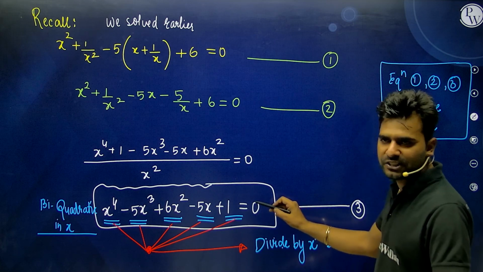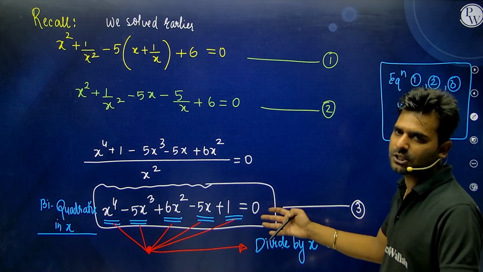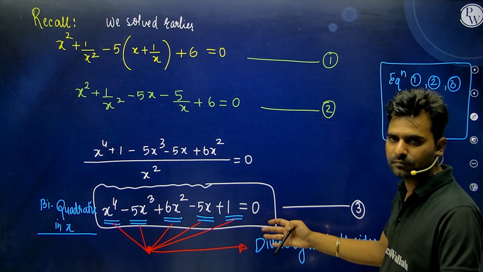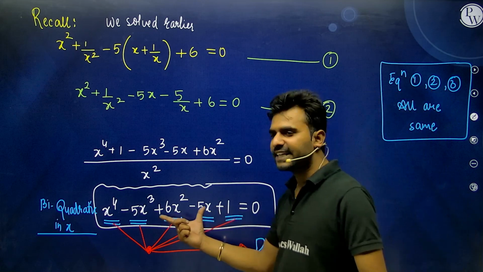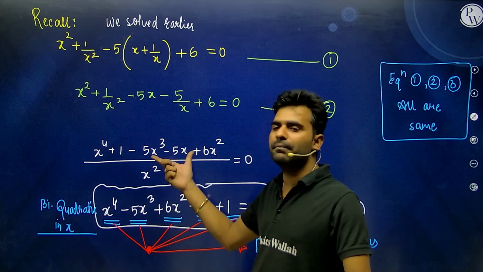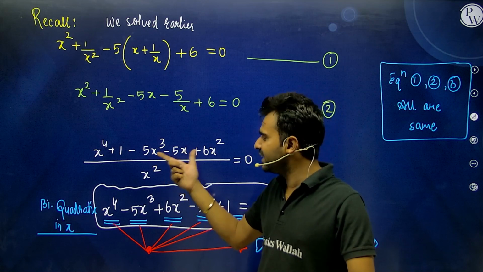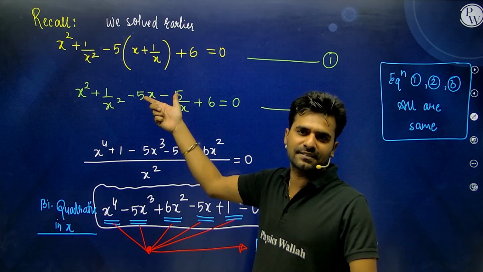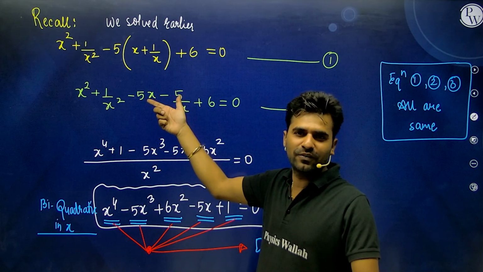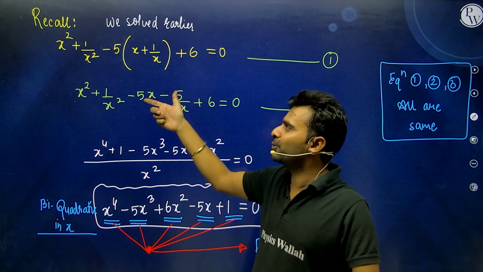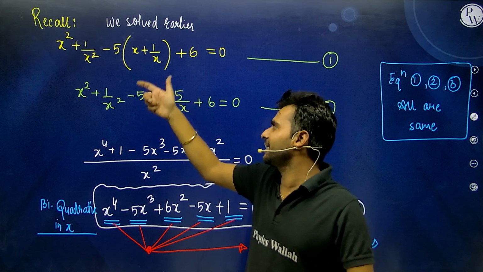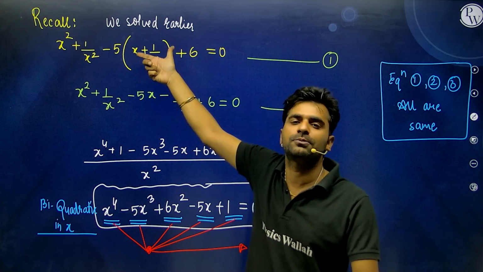Over here, if you do division by x square, 0 upon x square will become 0 only. But on the left hand side, if you do division by x square, it will become like this. And this same thing can be rewritten like this. Yes or no? And this thing you know how to solve because you can convert this thing like this, and you know how to solve this particular equation.